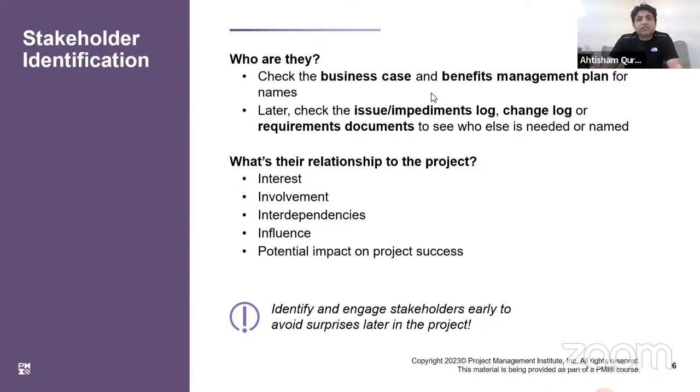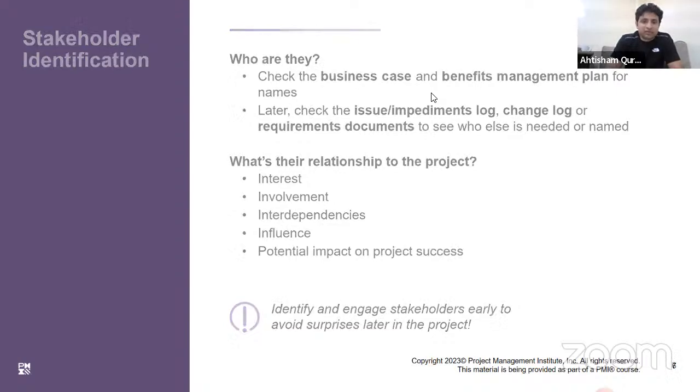So you need to identify your stakeholders early on so that you know who are the people you need to consult for the requirements of the project, for the review of the deliverables, for user acceptance testing, for completion of the project, where their approval is necessary. So you need to know them so that you can engage with them during the project and finally deliver them the project products and services.